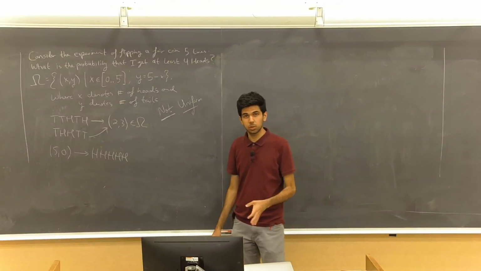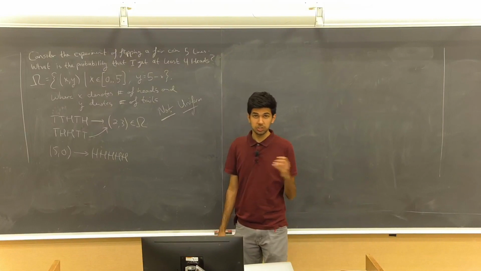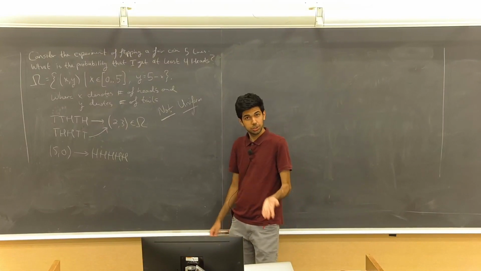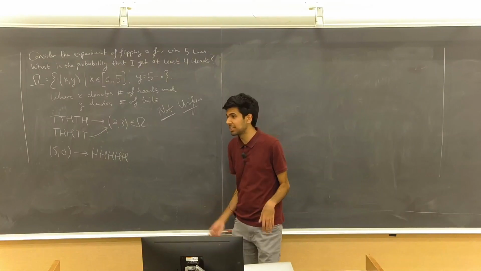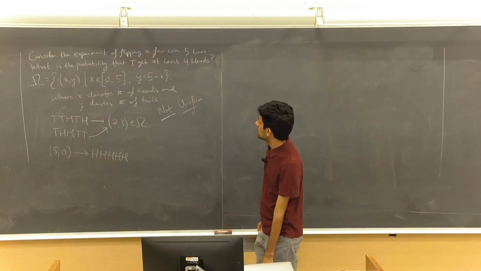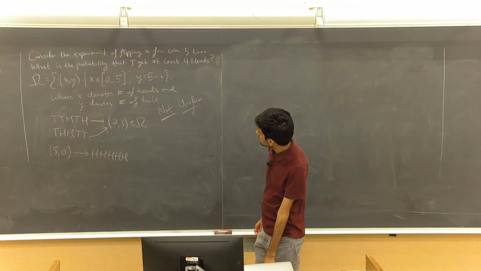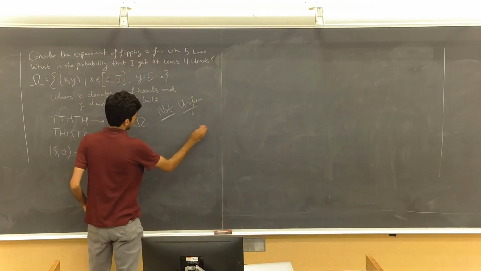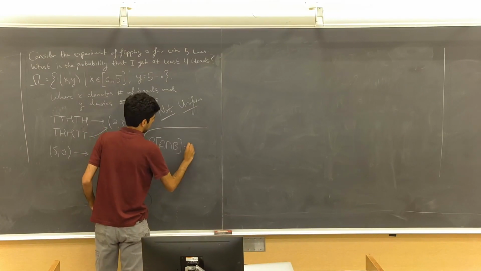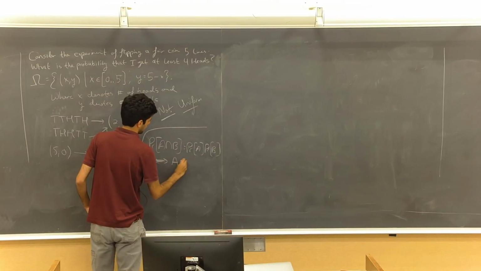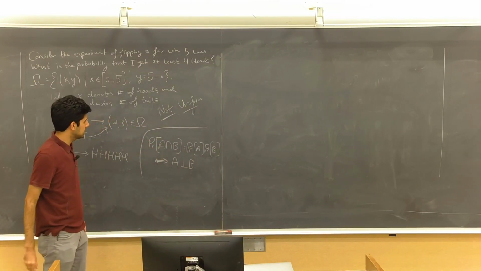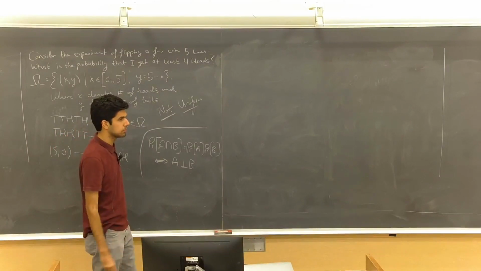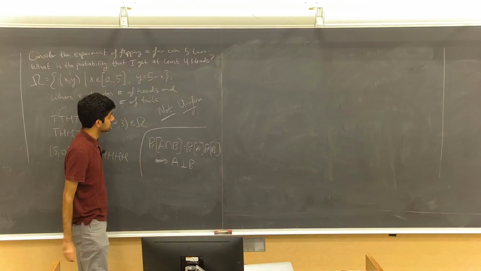In this case, we know that the coin flips are independent of one another, so we can use that fact. If we didn't know independence, then we shouldn't use it. So we'll use independence. Recall that if A and B are independent, then the probability of their intersection equals the product of their individual probabilities, and the converse holds as well.